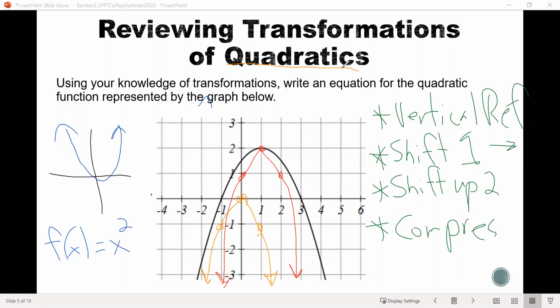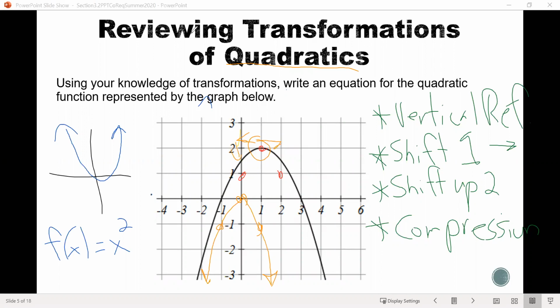And how do we figure out the factor of that compression? Well, the method I'm about to show is not an exact method, but I think it works. So notice that in the red graph here, if we go over 1 unit, we go down 1. If we go to the left 1, we also go down 1. But in the black graph, notice if we start at the vertex here and go to the left 1, we actually go down about 1/2.